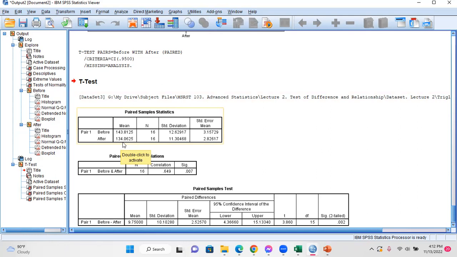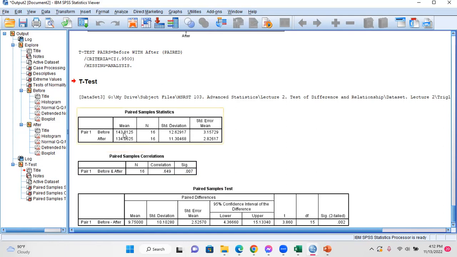Naging 134.06. Ang tanong, may significant difference ba? Tingnan natin ang sig value. So, meron. So, there is a significant difference.